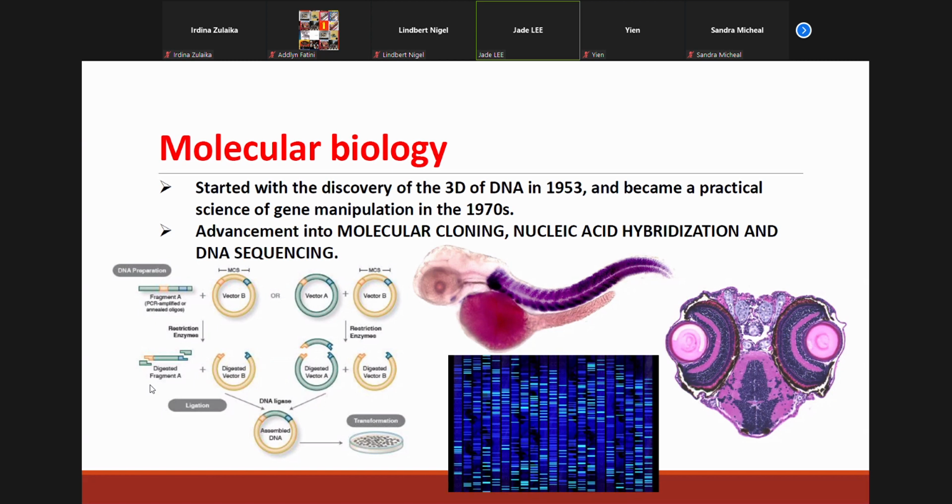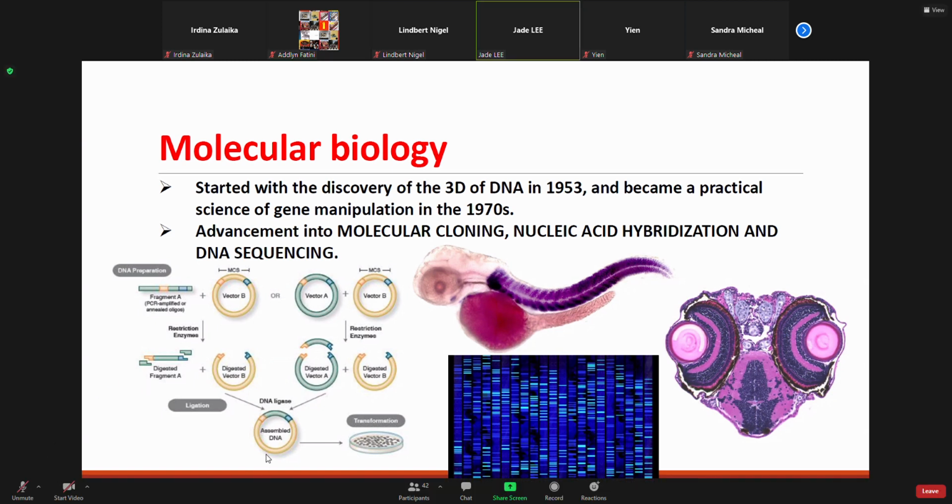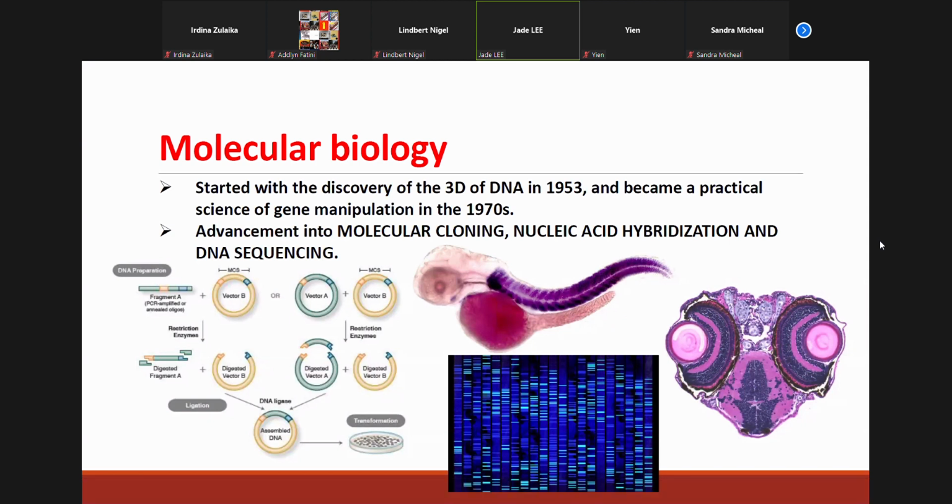Do you understand? This gene is not needed in the anterior part, which is the head part. That's why you cannot see any blue color there.